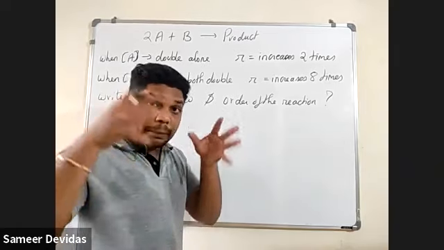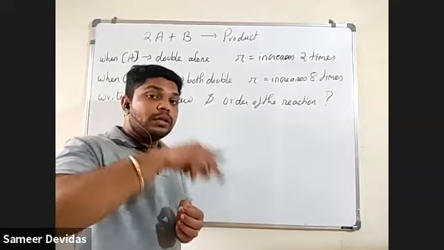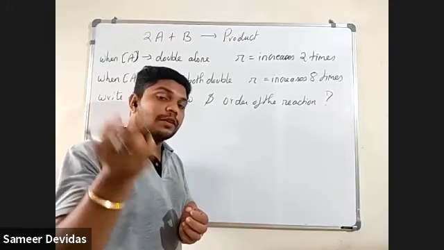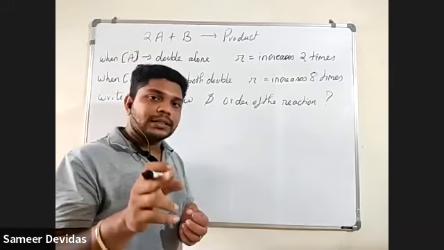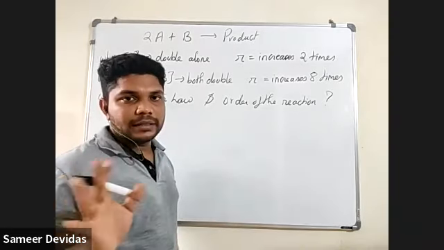But practically, if anybody asks whether you can write the rate law only for the reactant or even for the product, then your answer is that you can write it for both. But while giving problems they will give only for the reactant. Is this clear?